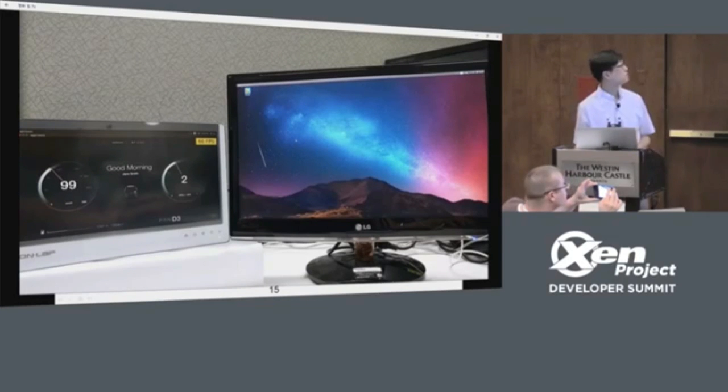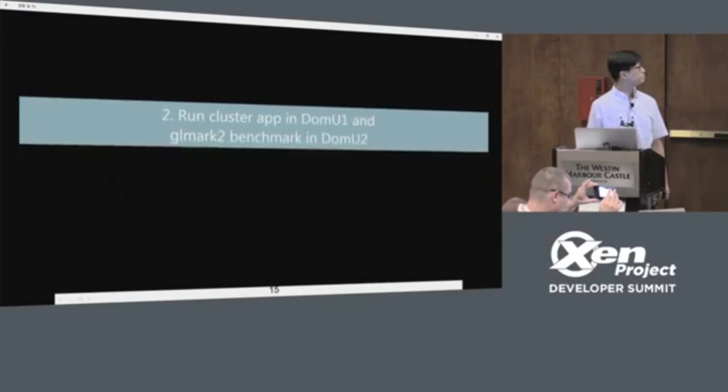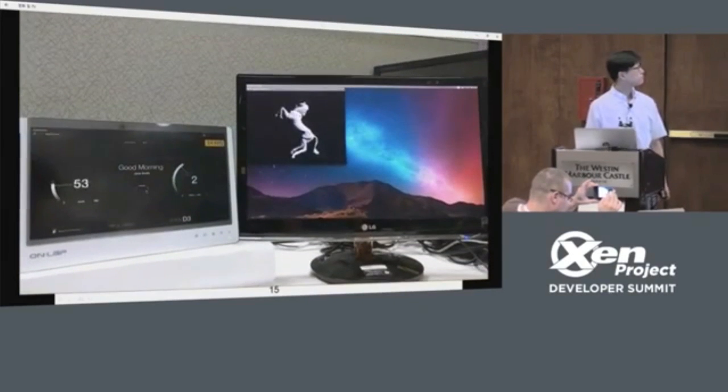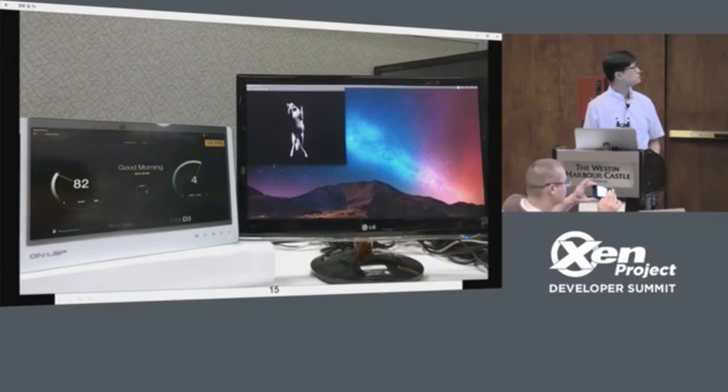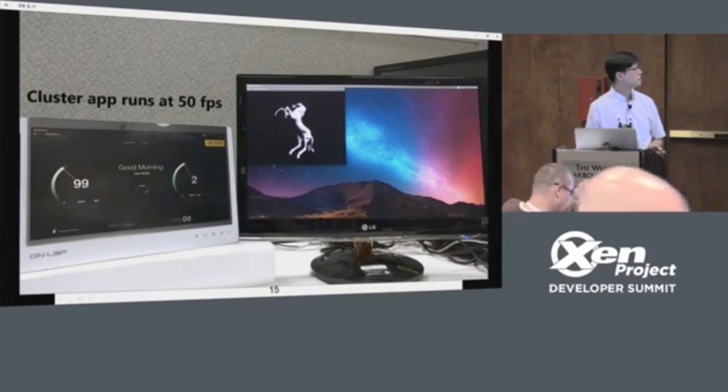Test of frames per second. The first application cannot meet 60 FPS.